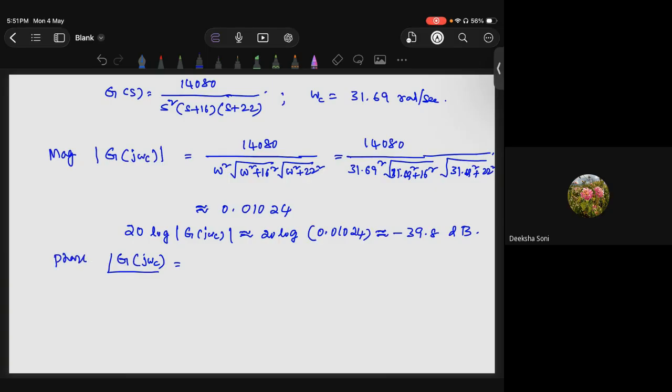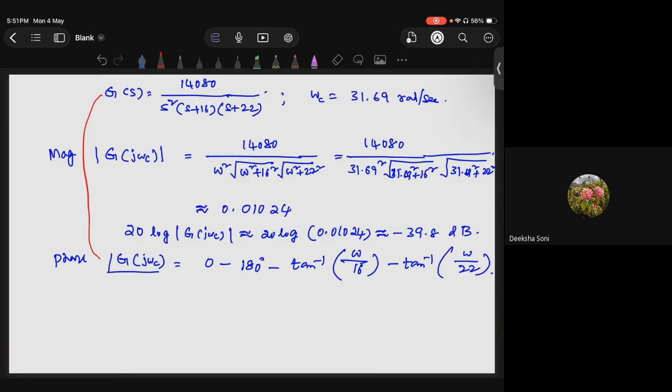So the phase angle would be like: the numerator is 0, the denominator is minus 180 because we have s square, then tan inverse omega by 16, then minus tan inverse omega by 22. Okay, from here, from this.